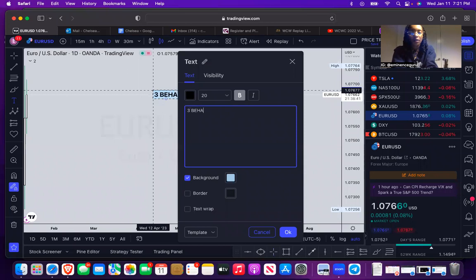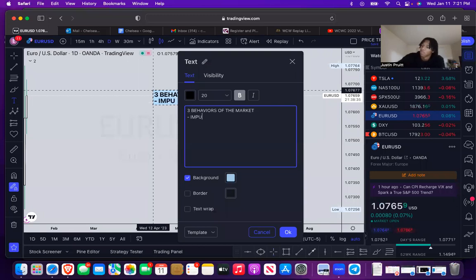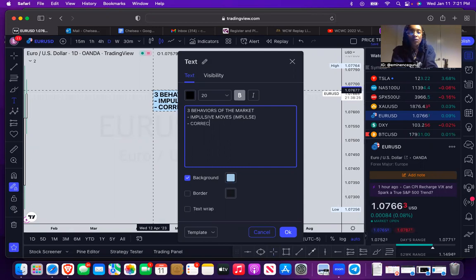3 behaviors of the market. It's going to be impulse. Impulsive moves, we're going to call that impulse. Corrective moves, going to be correction.